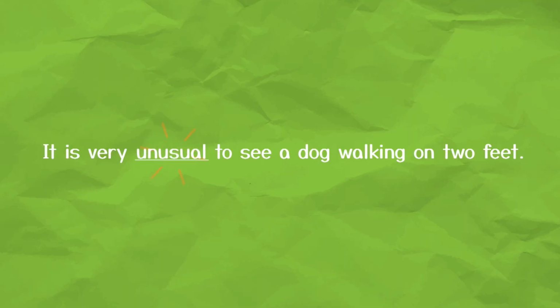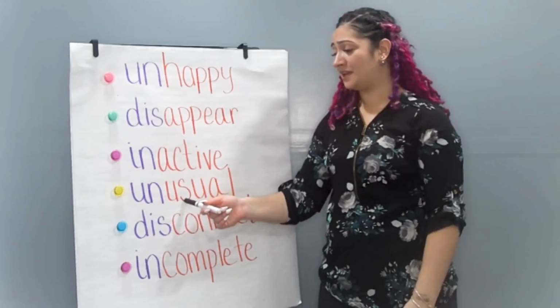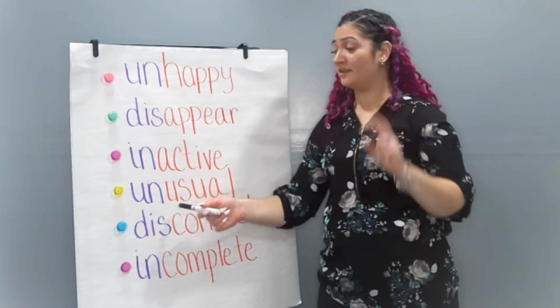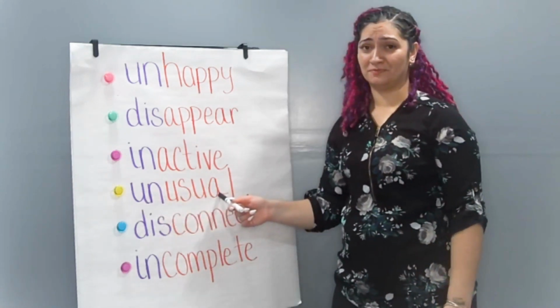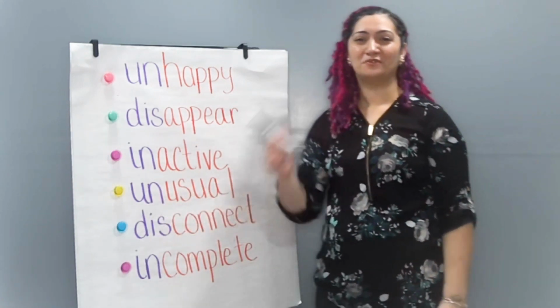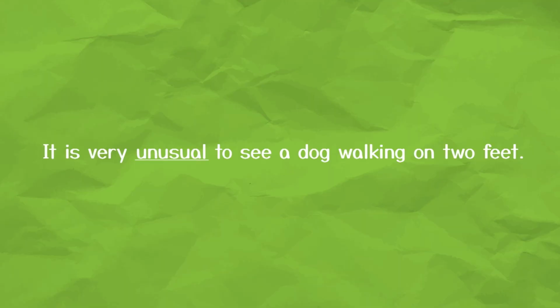Did you write down the word unusual? Nice work, scholars. You're right. That is not something we would usually see. Dogs walk on all 4, right? And if we see a dog walking on 2 feet, that would be very unusual and pretty silly. Will you reread that sentence with me? It is very unusual to see a dog walking on 2 feet.